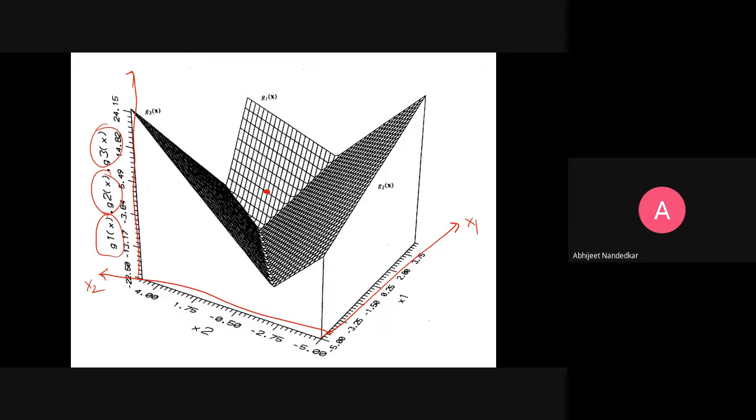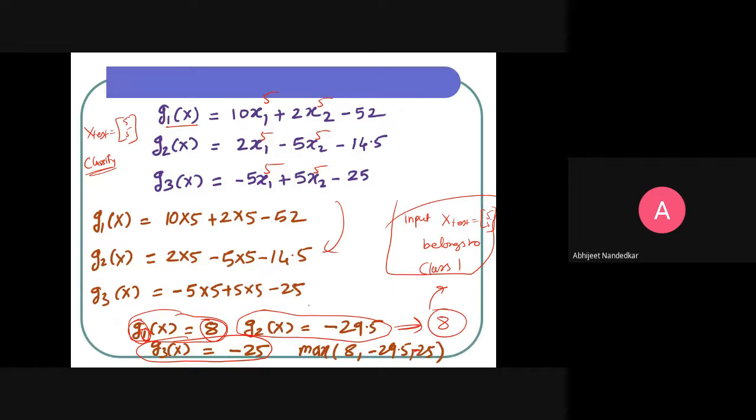So 5, 5 is somewhere on the backside, hitting somewhere here at position 8 for G1x. For the other functions, G3 is going like this, and G2 is going like this. If I extend these planes, they will look like this, and they are hitting this 5, 5 in the negative zone. That's why G1 is producing the largest output, and I will declare that as my class for the given input.